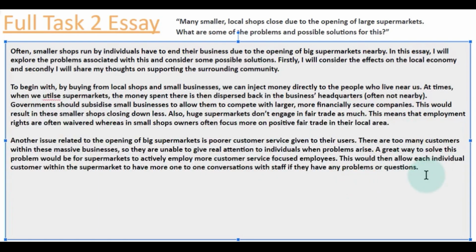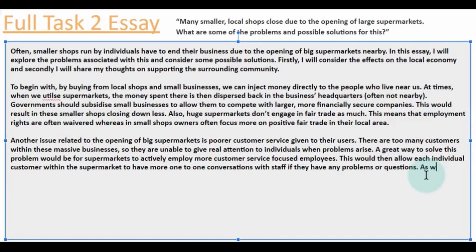Okay, there we go. So I've just got a bit of space here just to talk about supporting the local community, which we don't really do so much with these big companies, supporting small businesses in the local community. So I'm just going to give a problem for this. I'm just going to offer a really quick solution too.